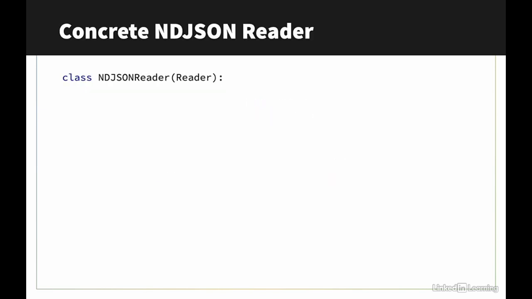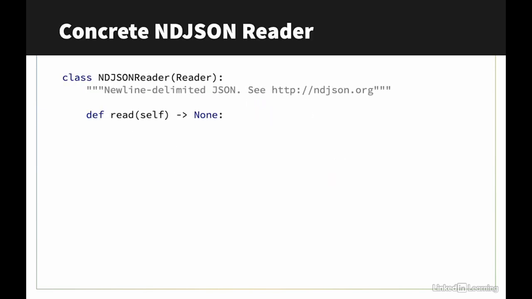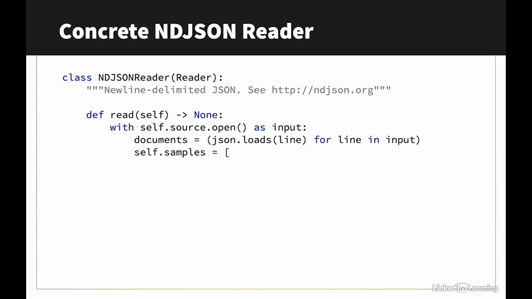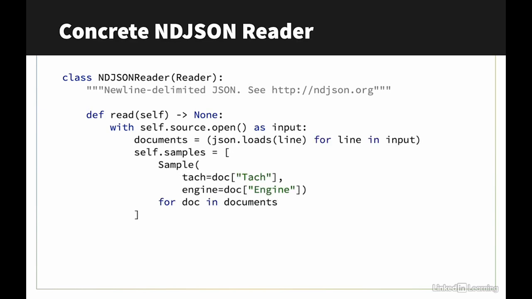Here's another subclass of the reader class. This works for newline delimited JSON files. Again, I've provided an implementation of the read method. This satisfies the trivial rule of matching the parameters and the return types, and a unit test would demonstrate it also matches the behavior required.